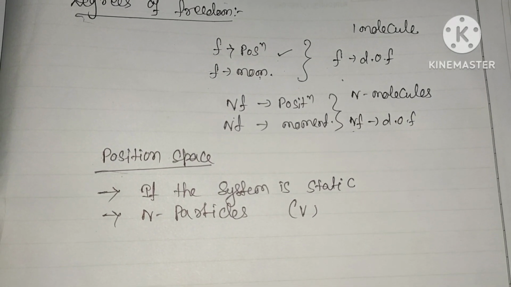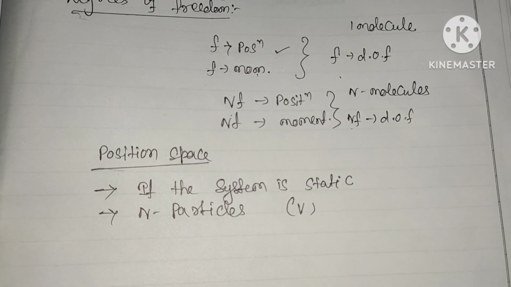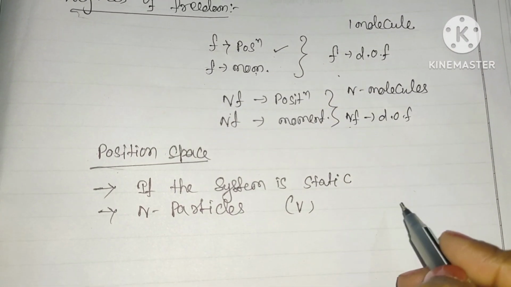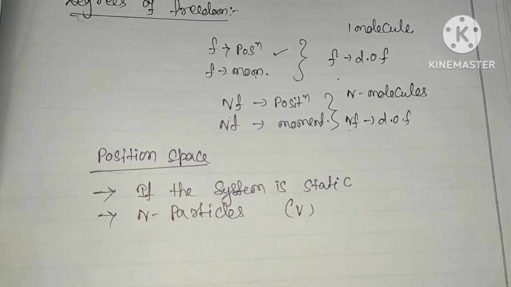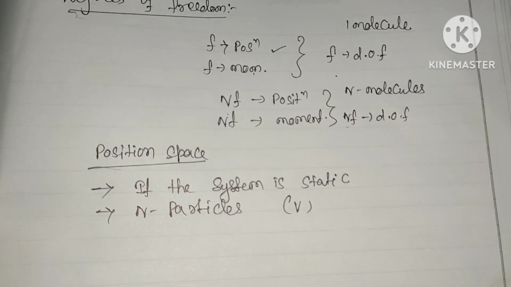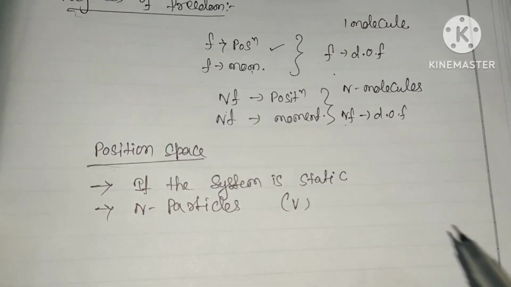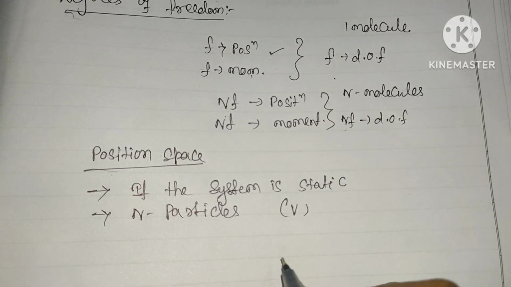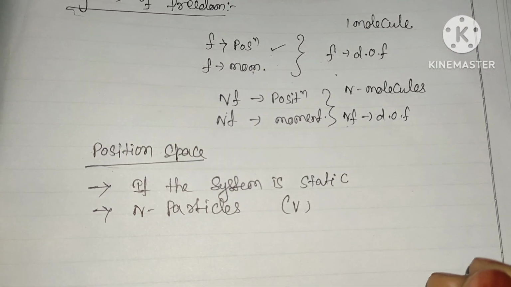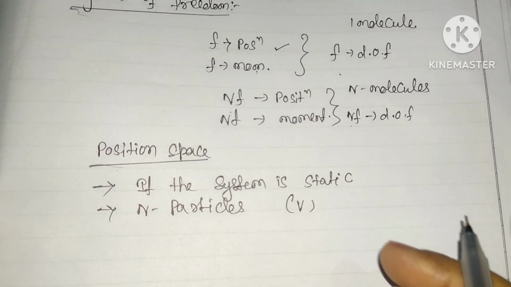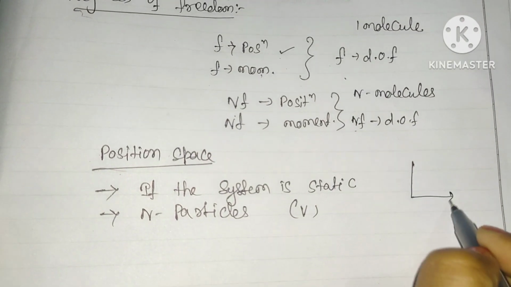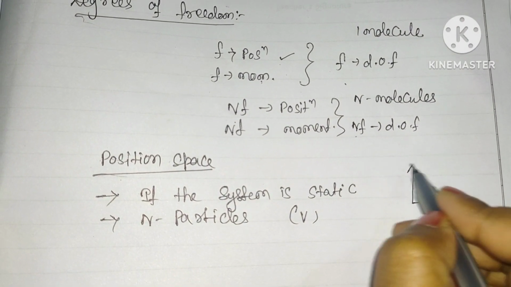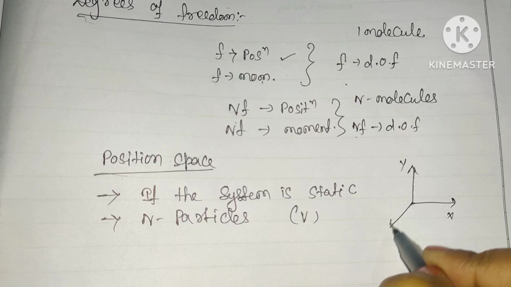In that case, the space where we are defining that particle is known as the position space. We are basically determining the position of the particles. In a three-dimensional space, the location of the particle is completely given by three position coordinates. Suppose these are my x, y, and this is my z coordinate.